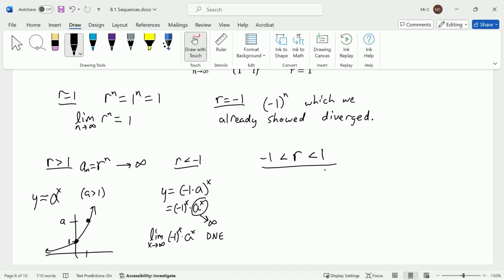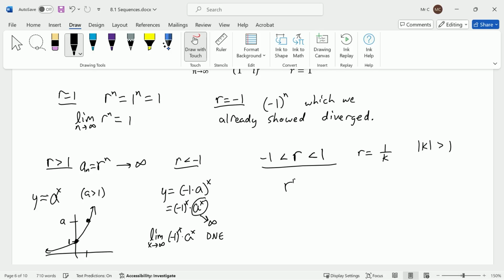Now, of course, it could be a decimal that isn't able to be written as a rational number, an integer divided by an integer. But if r is between -1 and 1, then r can be written as 1 over k, where k has an absolute value bigger than 1. It might be negative, but its magnitude is bigger than 1.